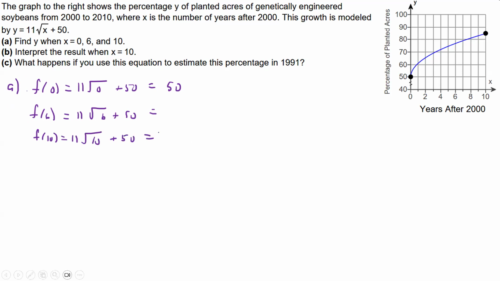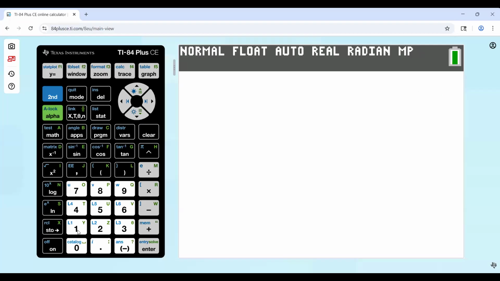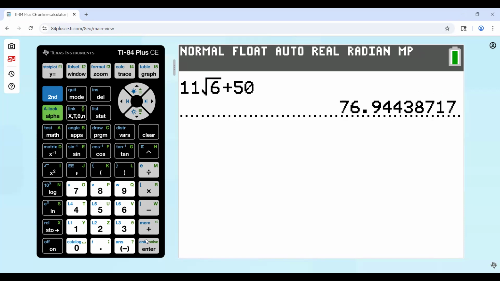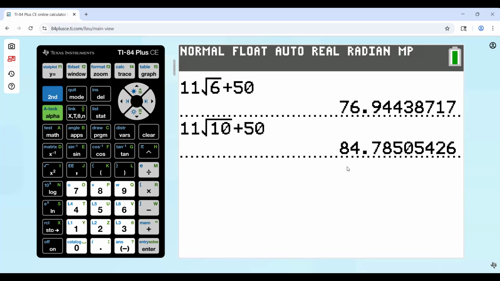And so we have 11 times the square root of 6, plus 50, and that gave us 76.9. And then if we go back in and instead of 6 we use 10, we get 84.78.